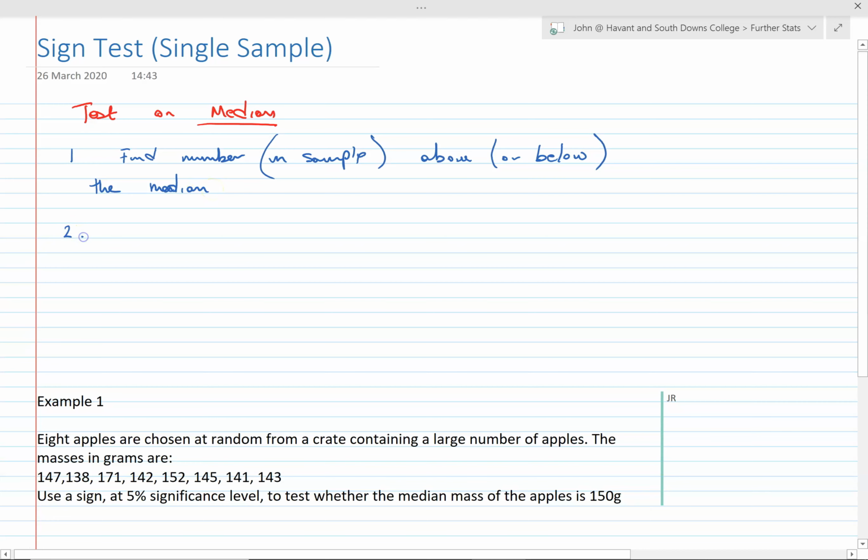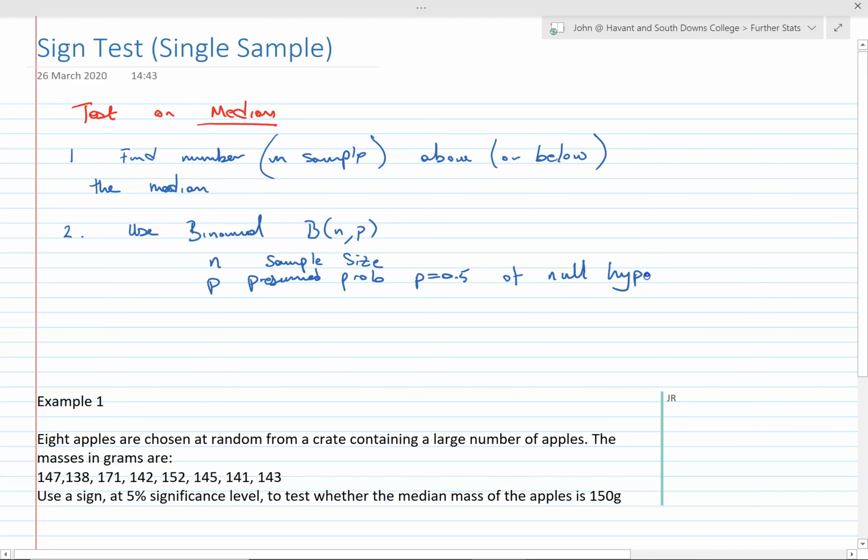Okay. Then use binomial, with parameters n and p, where n is the sample size and p is the presumed probability, p equals 0.5, of the null hypothesis.